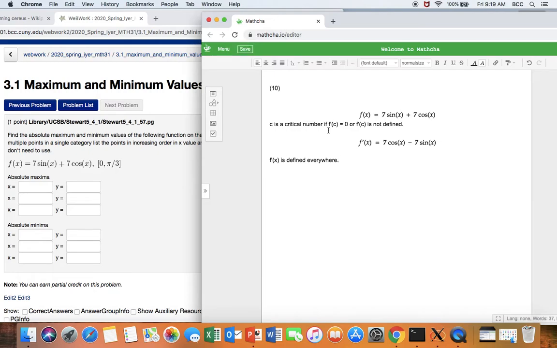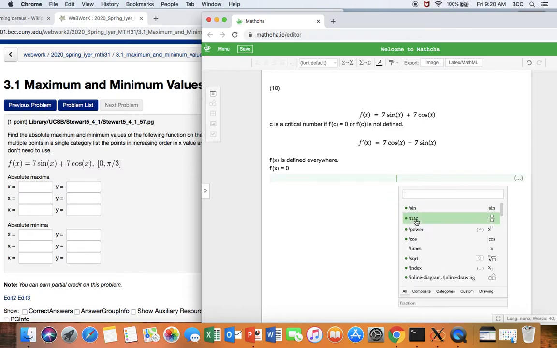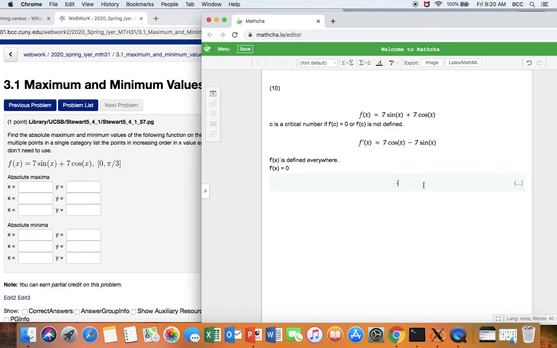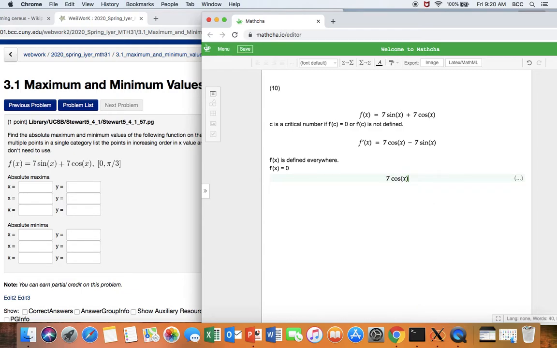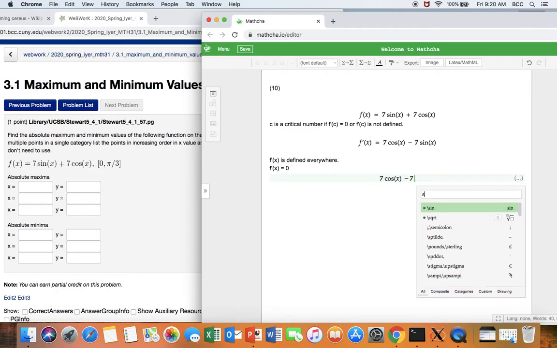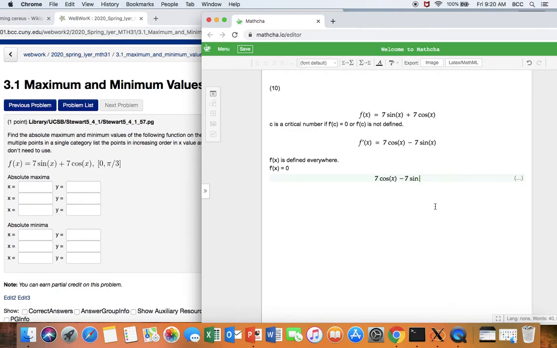So what are we looking for? Derivative equal to 0. We want f prime x to be 0. So this quantity has to be 0: 7 cosine x minus 7 sine x has to be 0.